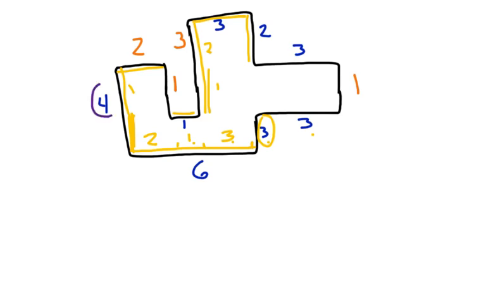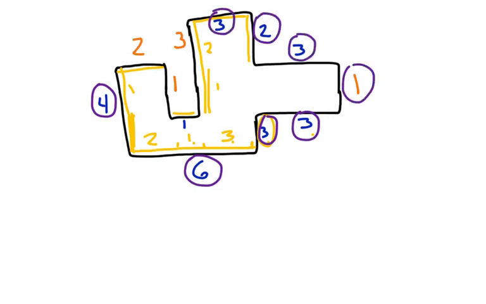Let's make sure to identify all the way around this figure so I don't miss any of those numbers. And my figure has 1, 2, 3, 4, 5, 6, 7, 8, 9, 10, 11, 12 sides.